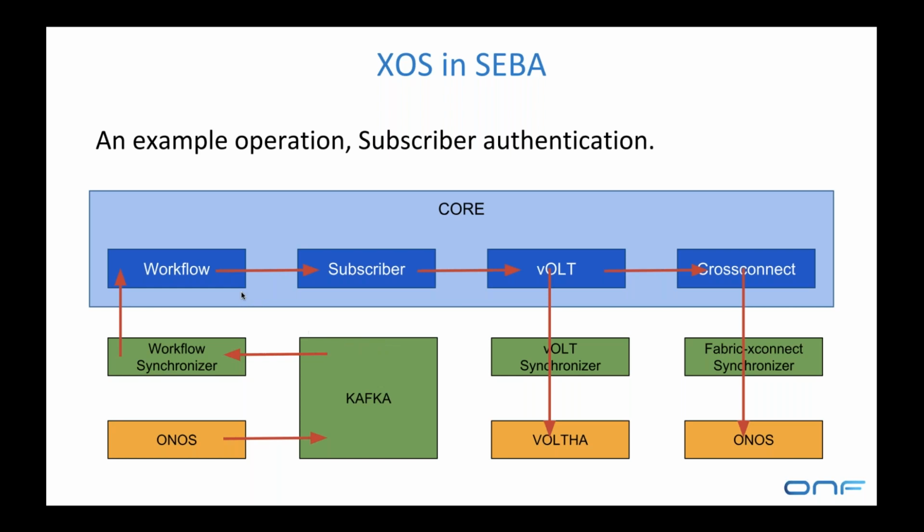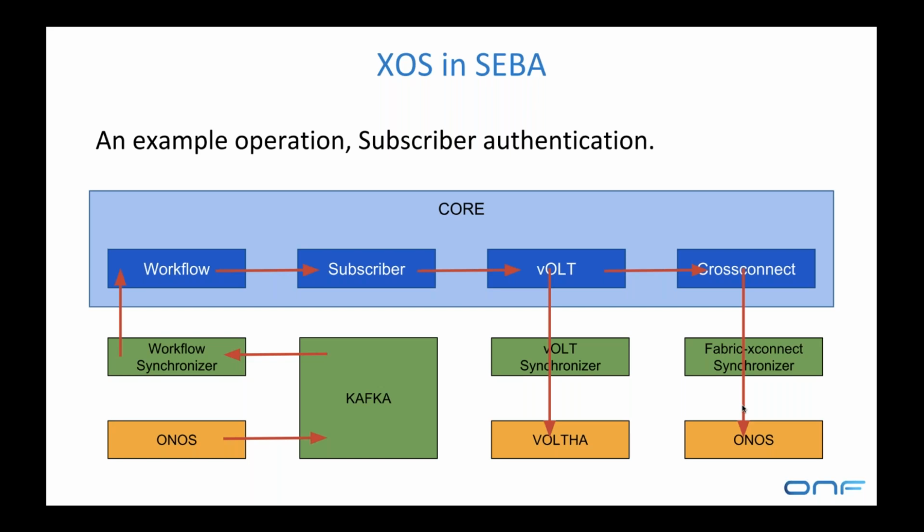So when we register in the workflow model that authentication was approved for that subscriber, the subscriber status will change. This will trigger a change in the corresponding virtual OLT model, and this will cause the synchronizer to push the flows into Volta. In the same way, the cross-connect will receive a change that new flows for a specific C-tag are added in the OLT, and we'll need to make sure that the same flows are published into the aggregation switch to provide connectivity.